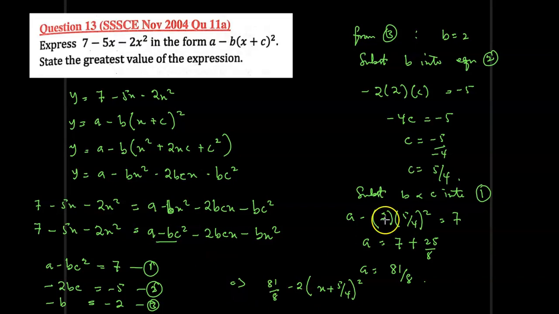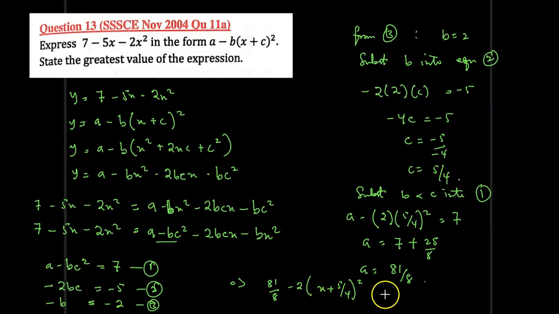As I said, there's another method you can use to get the same answer. It leads you to simultaneous equations, and then you generate your answers and write your final answer. Now, the second part of the question says state the greatest value. Having written it in the vertex form, the greatest value you can just state.